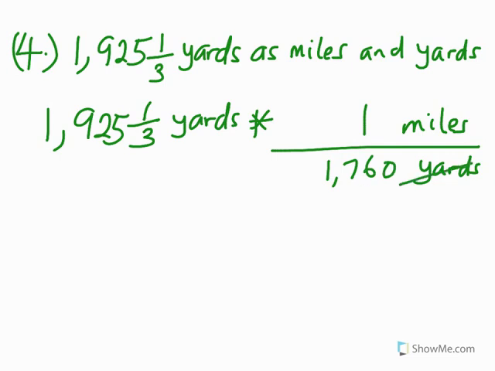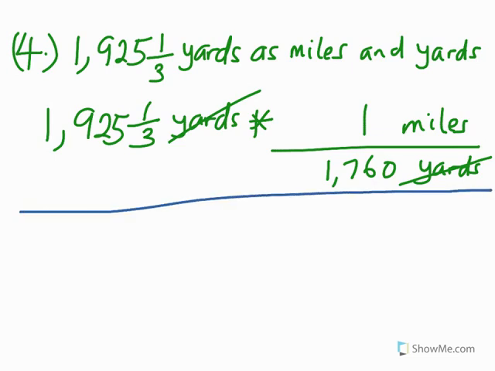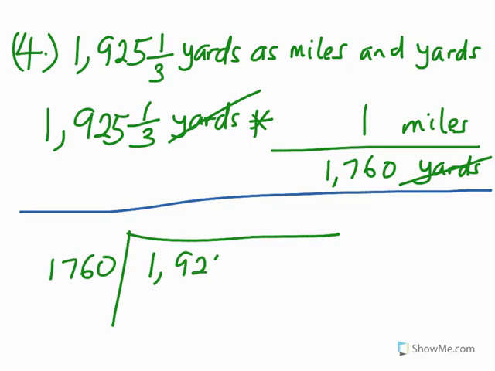This is 1760. This will cross out. And then I separate this and I divide 1760 divide 1925 1/3. Okay, so this is 1 and this is 1760, right?